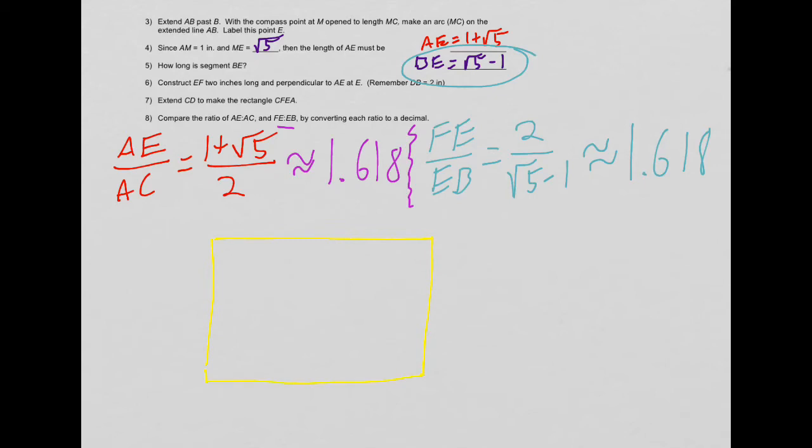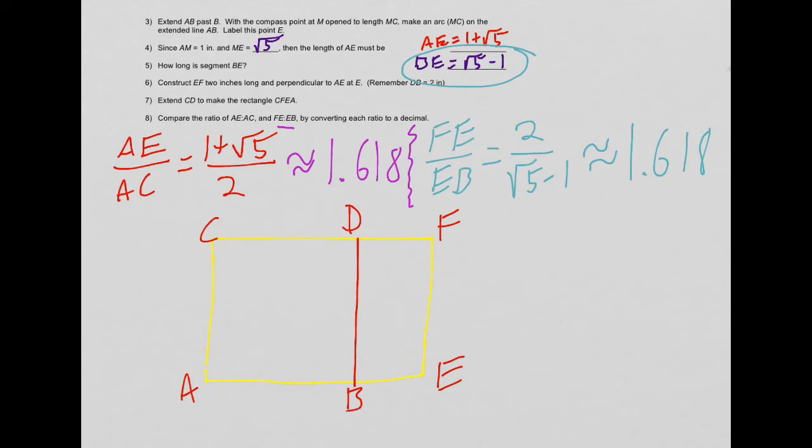We had A, C, and right about there, D, F, E, B, right?